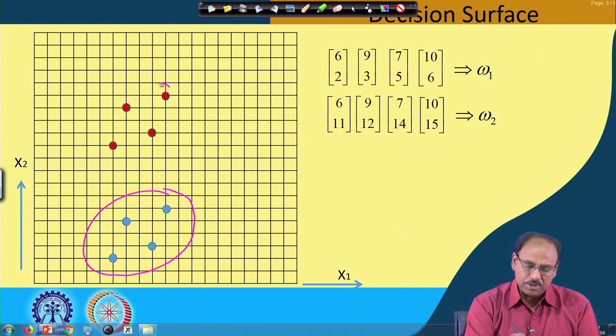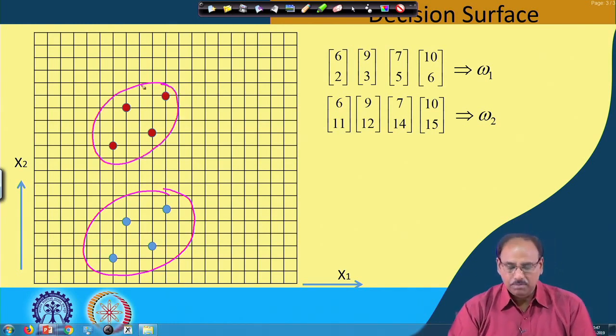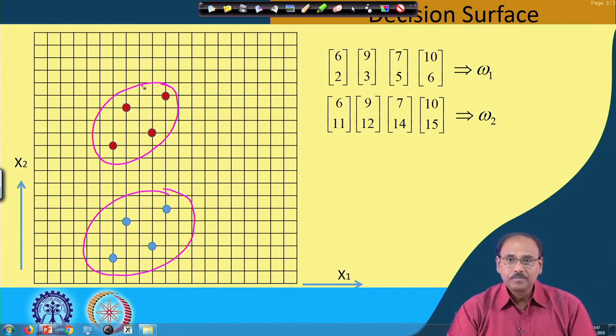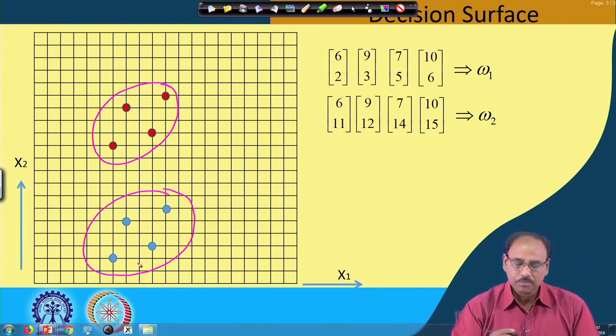Similarly, all these feature vectors in red are taken from class omega 2. The feature vectors are (6, 11), (9, 12), (7, 14) and (10, 15). Here you find that unlike in the previous case, where the feature vectors were spherically distributed, in this case they are elliptically distributed, not a spherical distribution anymore.